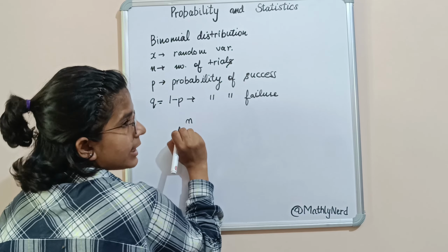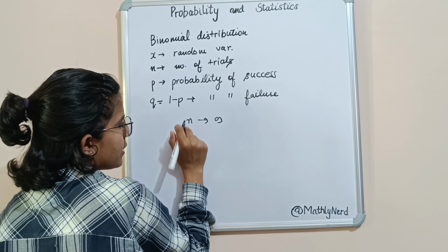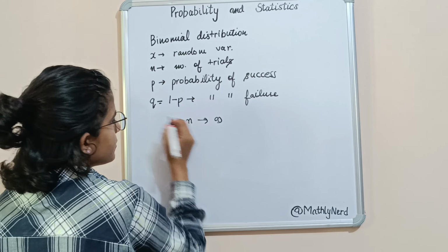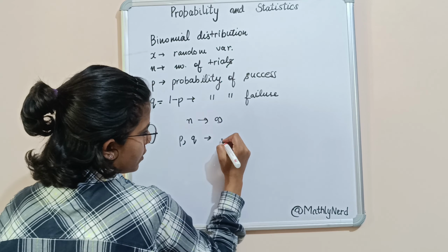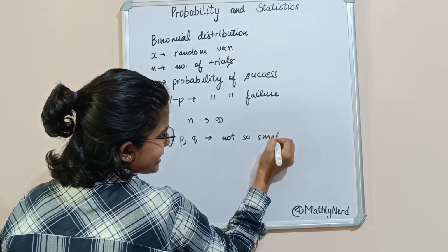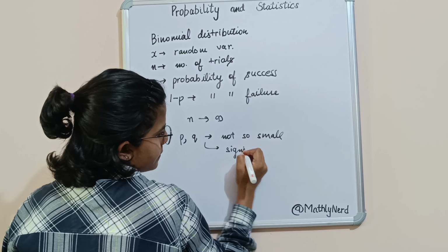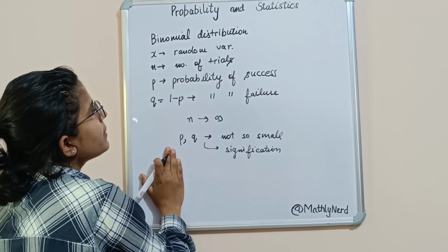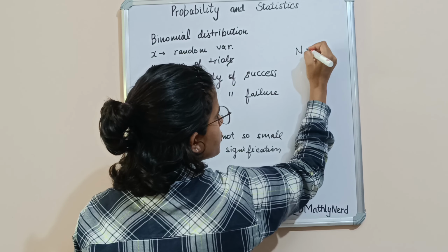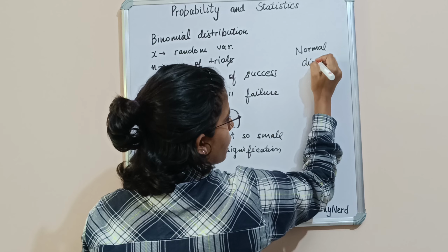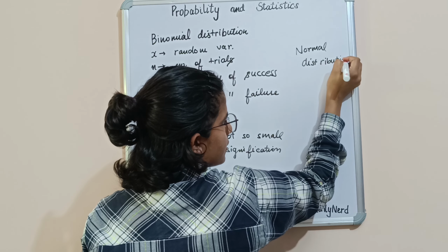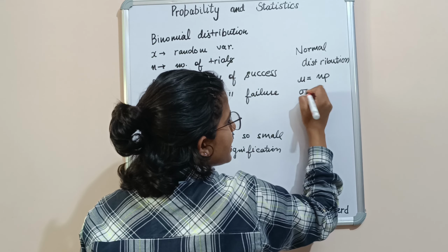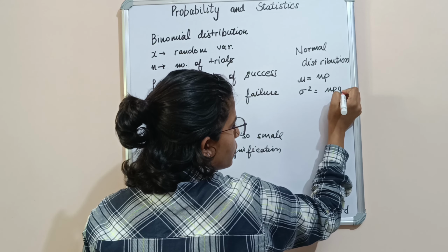If n is indefinitely large, that means n tends to infinity, and p and q are not so small, that means they are significant, then our binomial distribution will be an approximation to the normal distribution, where mu will be equal to np and sigma square, the variance, will be equal to npq.